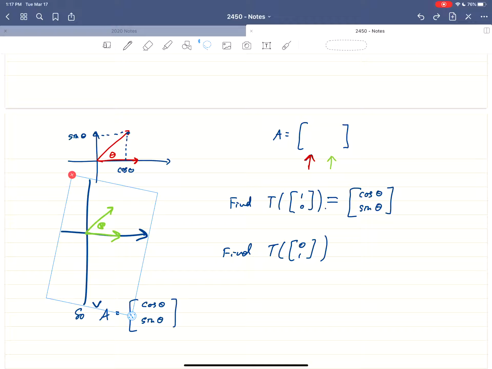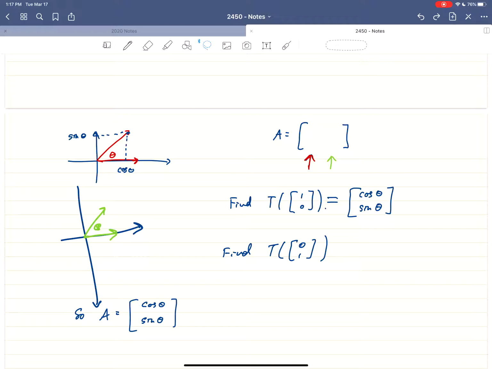You would have cosine and sine. But this is not the vector i hat, this is j hat. So you need to think about what these values are going to be.